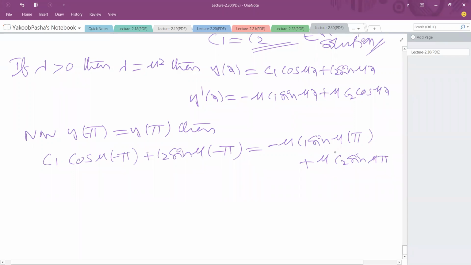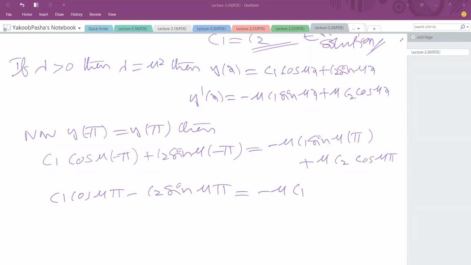Now we can cancel. This is cos mu pi. So this is nothing but C1 cos mu pi minus C2 sin mu pi is equal to minus mu C1 sin mu pi.